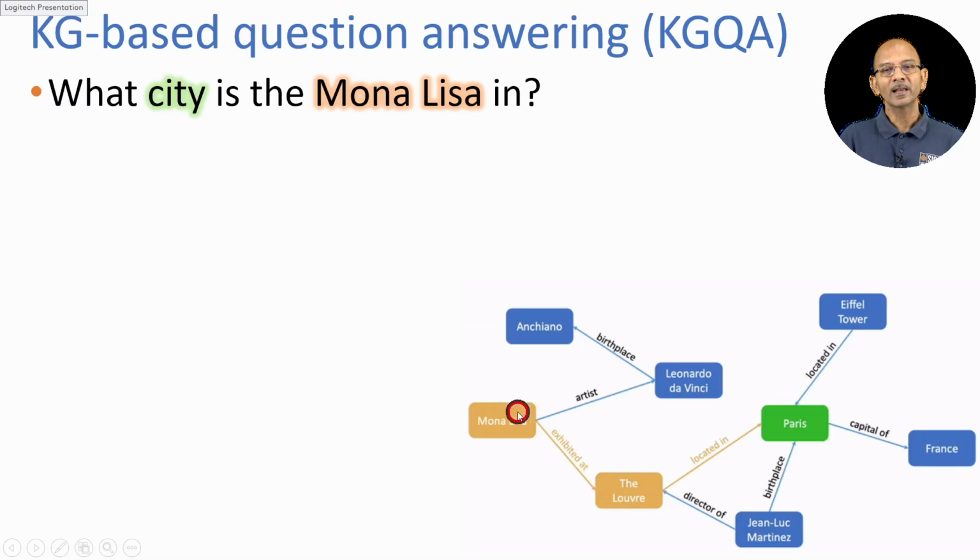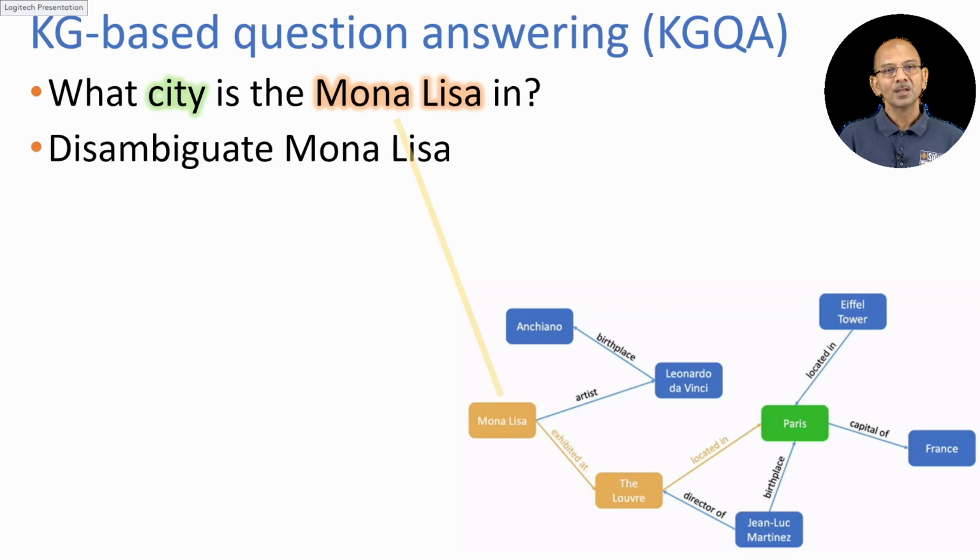And the other elements around may provide evidence, like the Louvre provides connective evidence between Mona Lisa and Paris, but the Louvre itself is not involved in the answer. So first, we have to disambiguate Mona Lisa. Maybe there are other entities called Mona Lisa, and based on the query, we may have to use a lot of world knowledge to infer what the most likely connotation of Mona Lisa is.